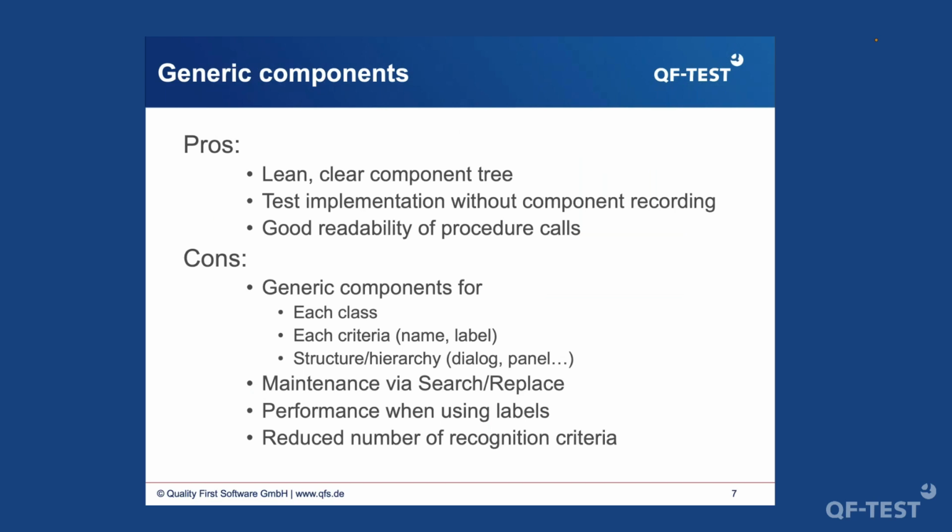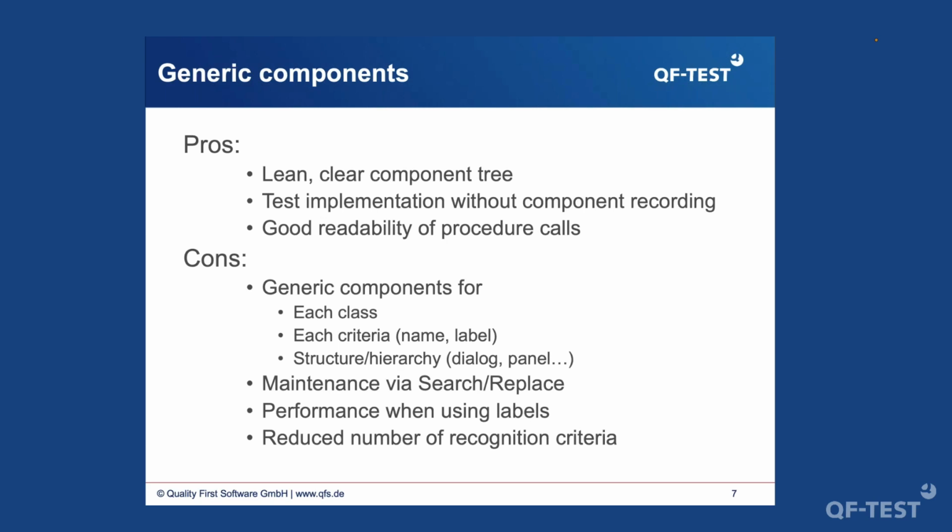So let's come to the pros and cons of these generic components, which were already an improvement compared to the normal components. It's a bit more lean and clear in the component tree. You have just your generic components. We can mix this together with traditional components. You can even implement your tests without component recording. Imagine you have another button and you have this click button procedure.